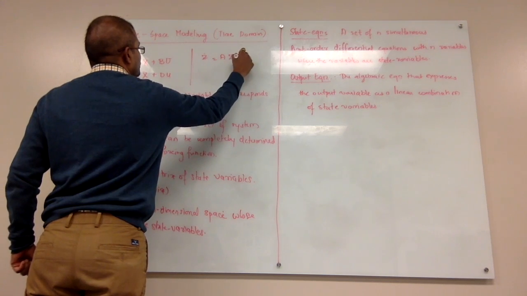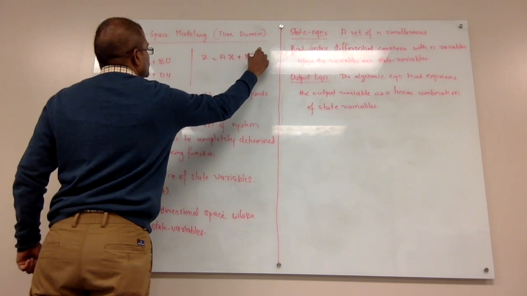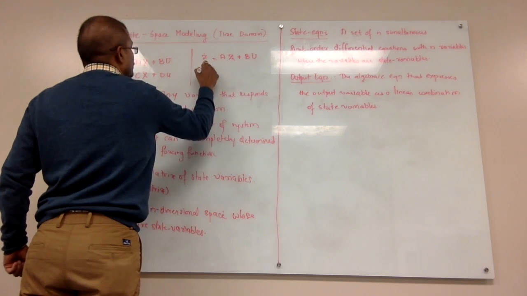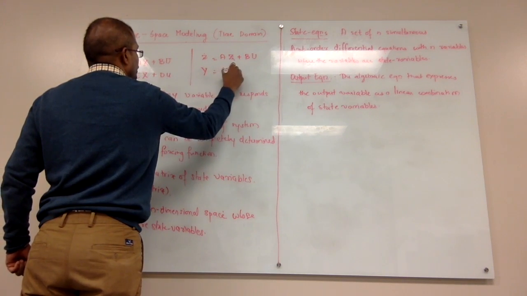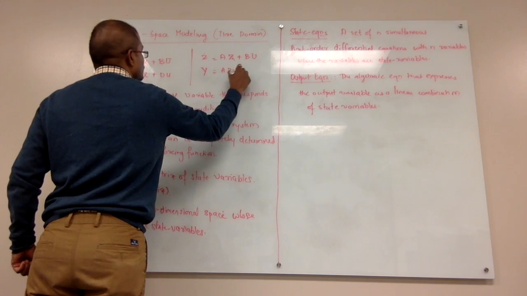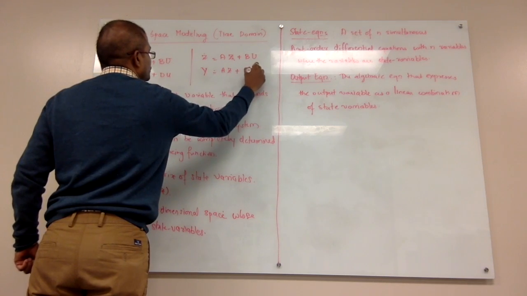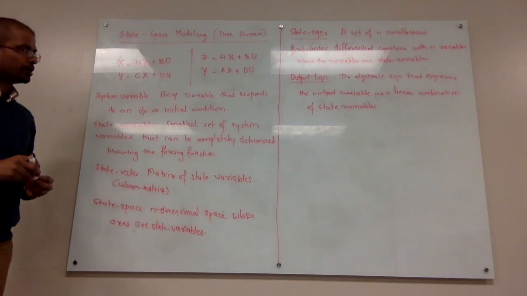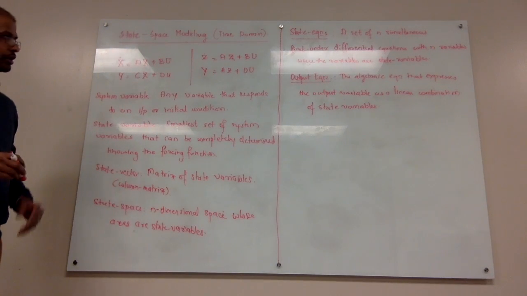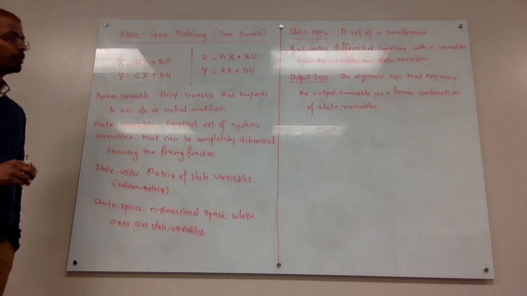We defined this, and y is equal to z plus d. z is just the column matrix of state variables.